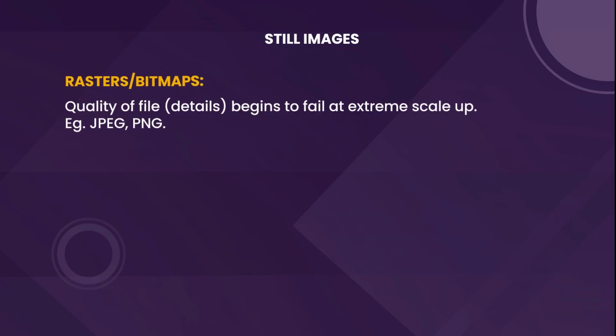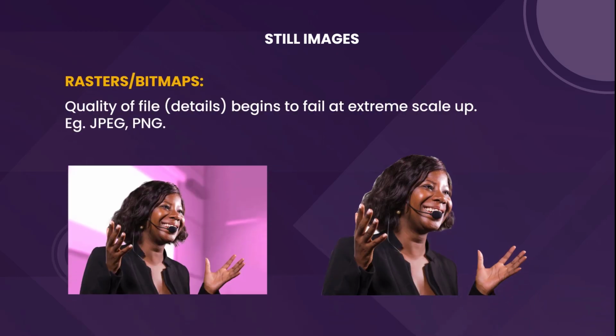Then the bitmap. The very common file types are the JPEG and the PNG. The very major difference between PNG and JPEG: JPEG is the most common way to store your image, because you can send it across.